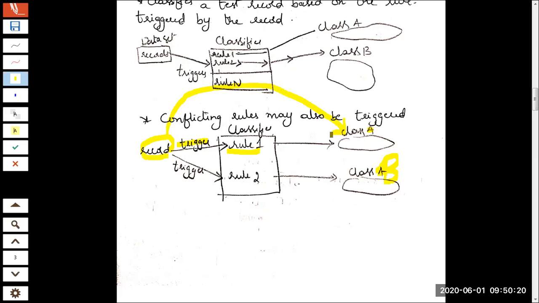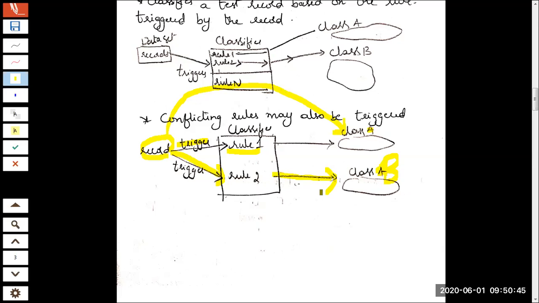One more thing is happening: the same record is triggering rule 2, because of which it is also going and sitting inside class B. Do you agree it's a conflicting situation? Please understand, a record can only go and sit inside one class, that is, class A or class B.